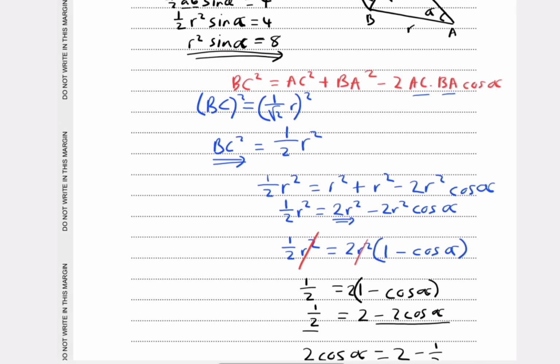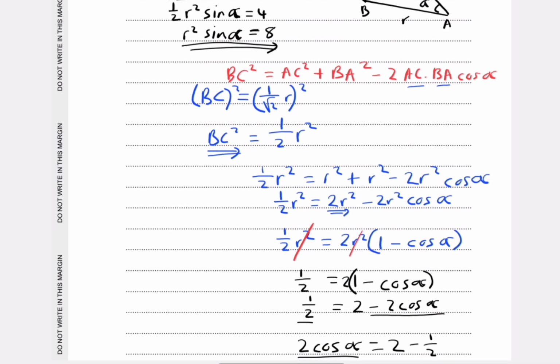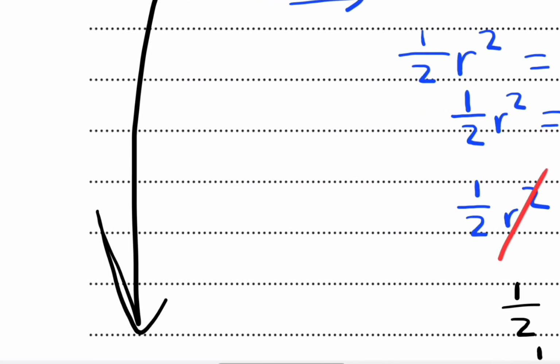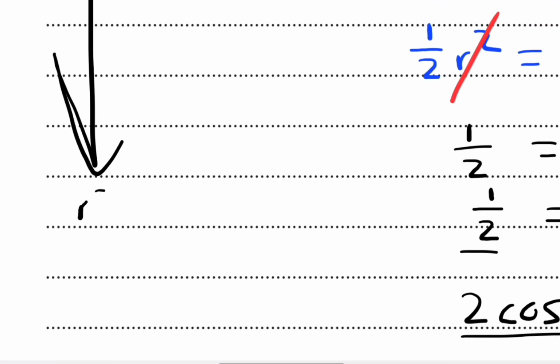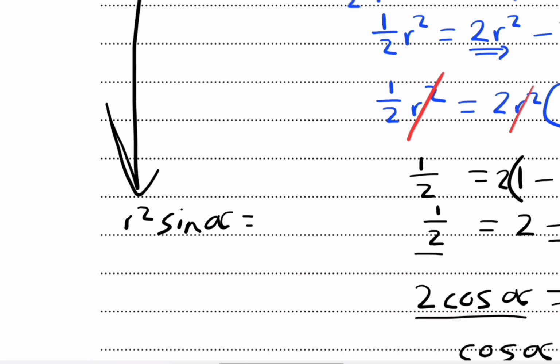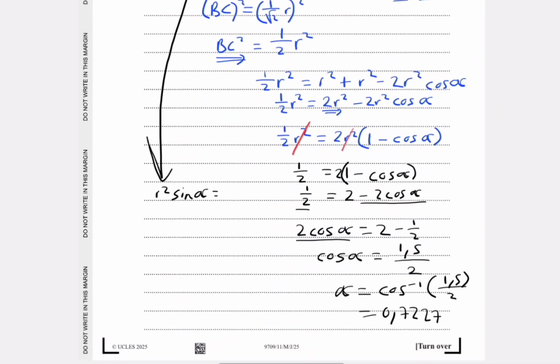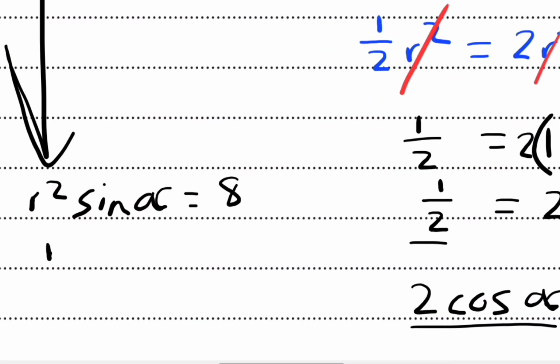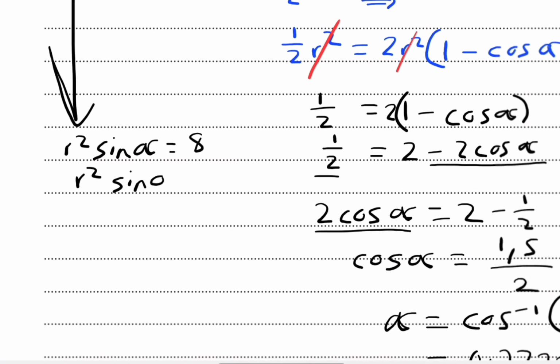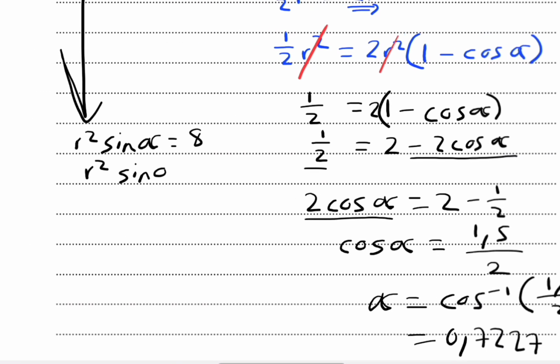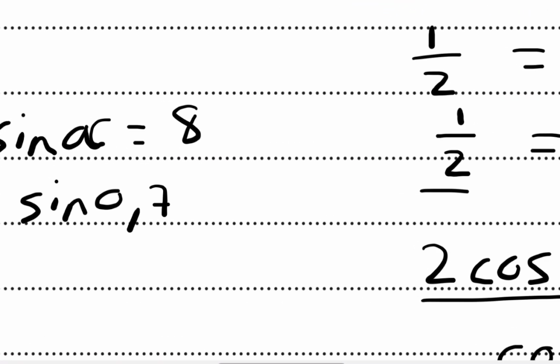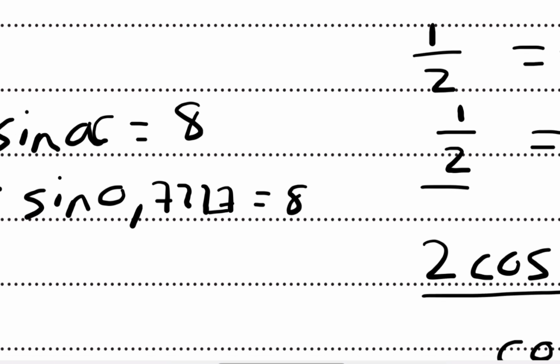So now we're left with r. We know that r squared sine alpha equals 8, right? So r squared sine 0.7227 is equal to 8.